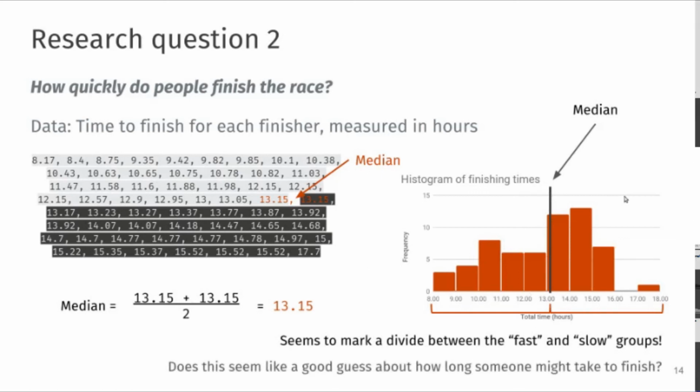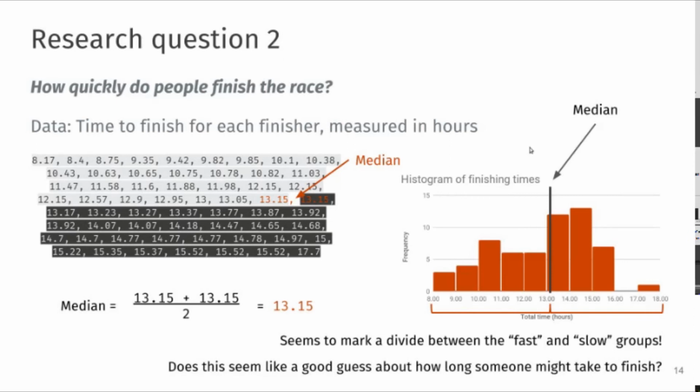And again, I'll throw to you a question. Not sure if there's a right or wrong answer here. Does this seem like a good guess about how long someone might take to finish the race?